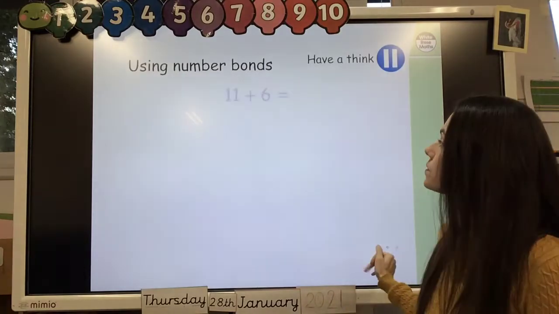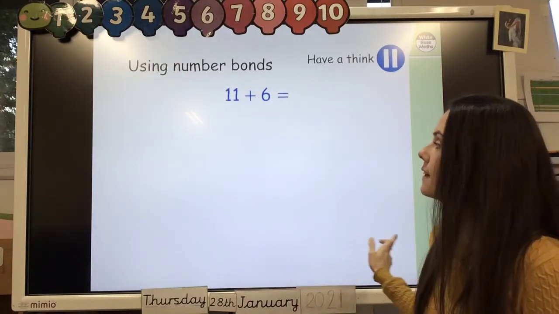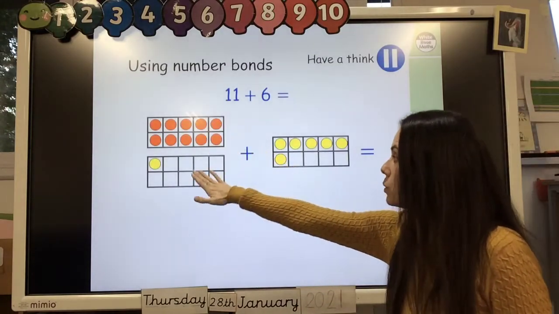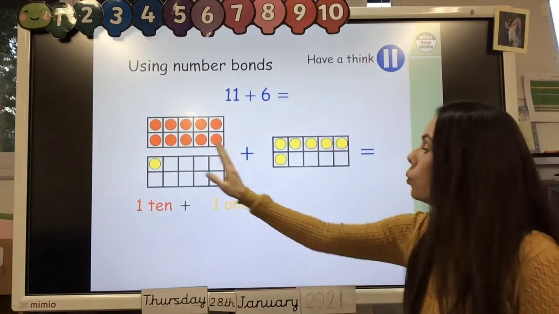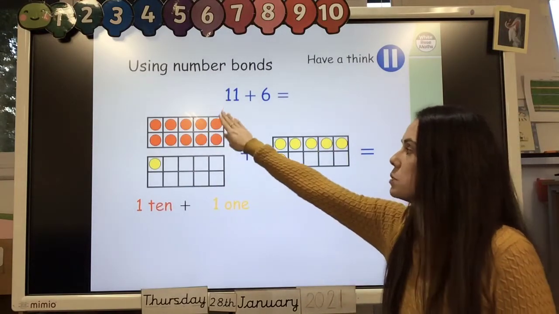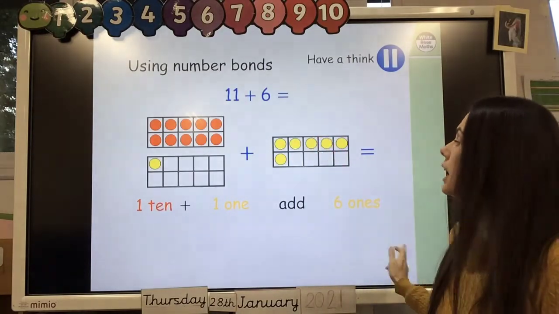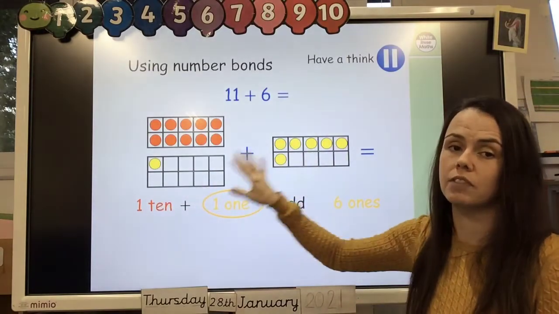Next one. So 11 add 6. We divide out our 10s and our 1s. We're going to have 1 ten and 1 one, so 10, 11, and our 6 ones over here. And we're going to add our yellow ones together.